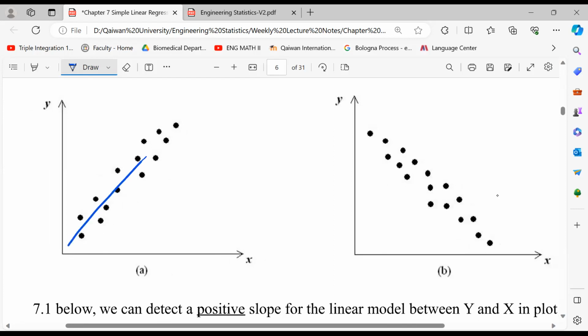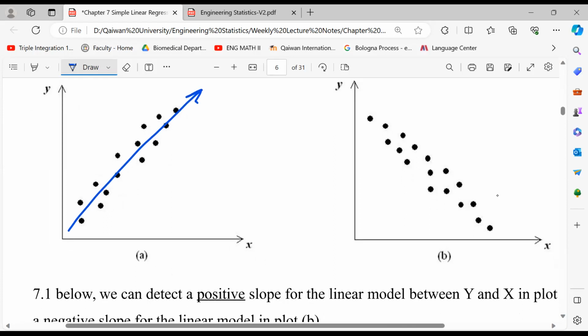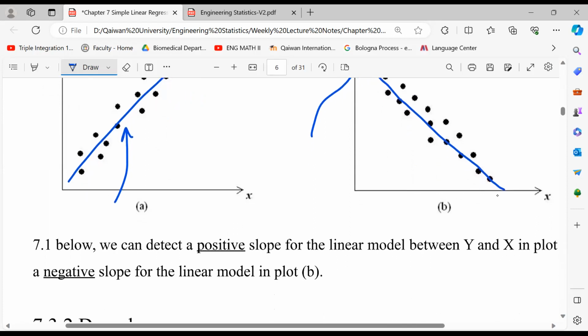If it is in this form, we say the slope is positive. And if the data are arranged in this direction, we say this is a negative slope.